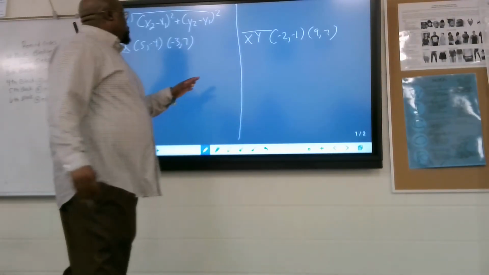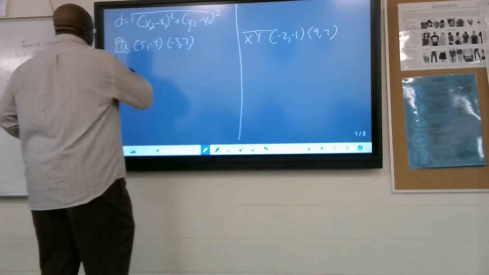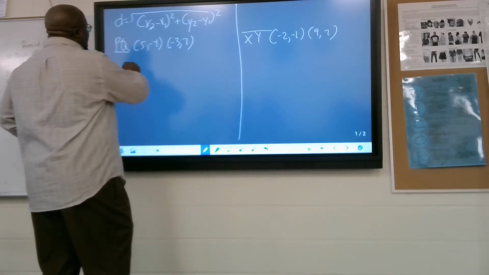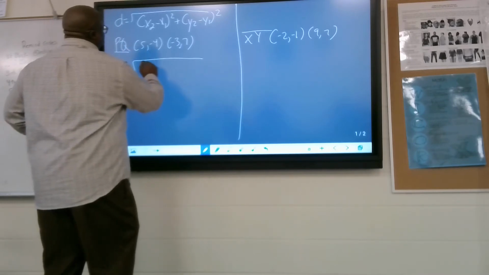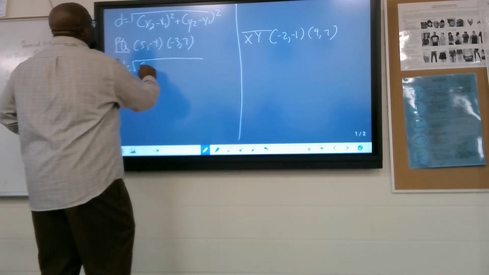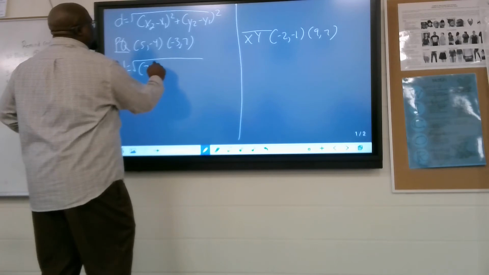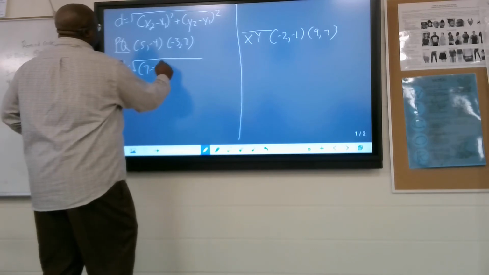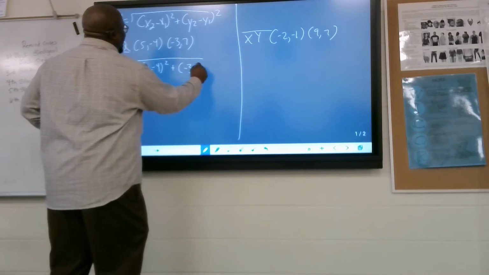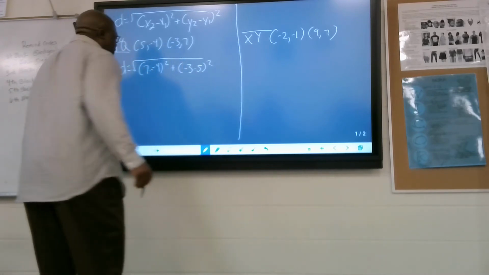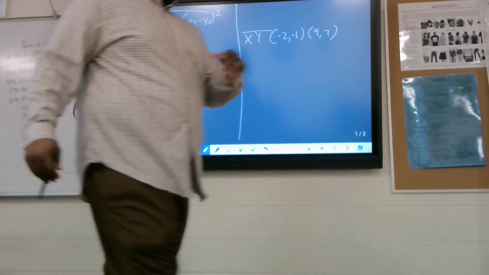Now, for the first thing, we put in the formula. So D equals the square root of (-7 minus -4) squared plus (-3 minus 5) squared. That's the first way we set that up.